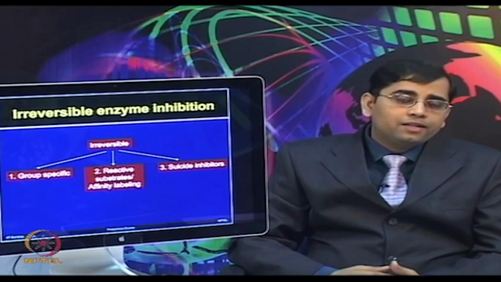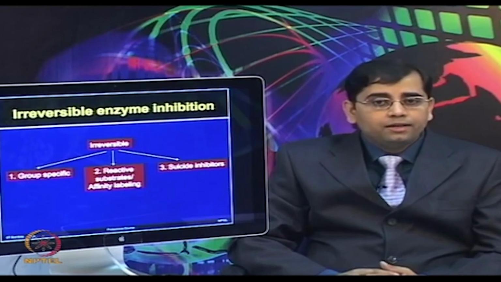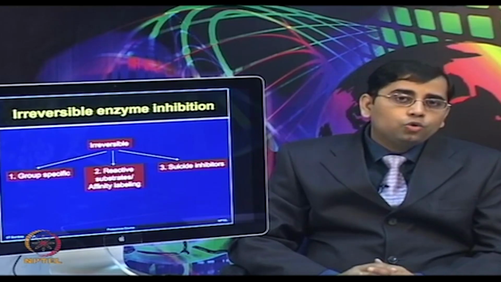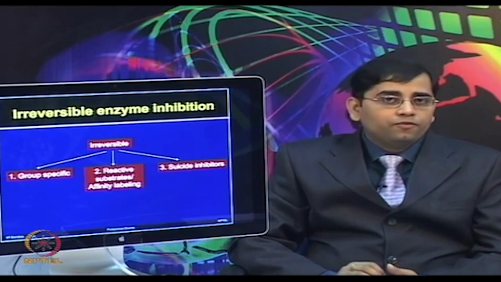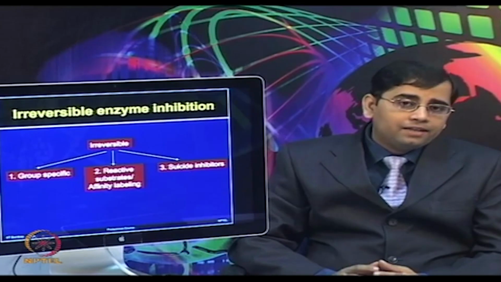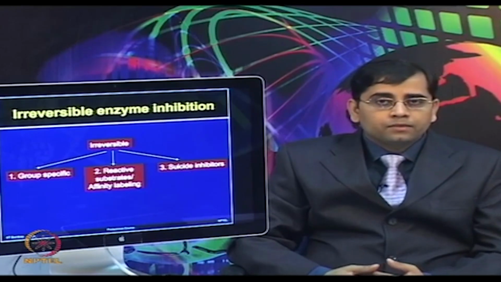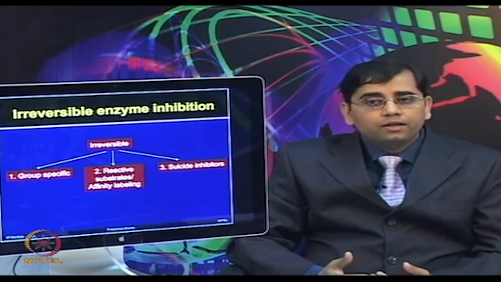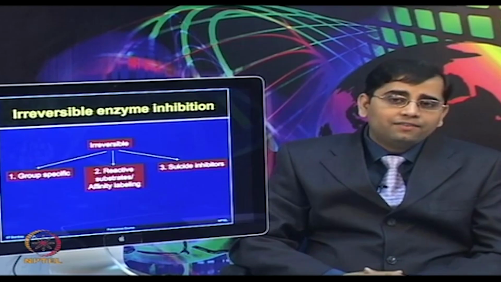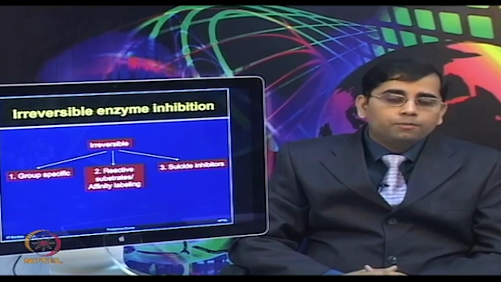The reactive substrates or affinity labels are structurally similar to the substrate and covalently bind to the active site. They are more specific for the enzyme active site than group specific reagents. The suicide inhibitors are highly specific substrates which can modify the active site of an enzyme. They are most specific for modification of the enzyme's active site.